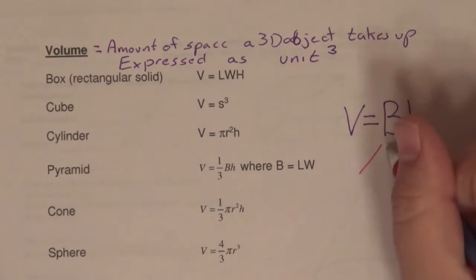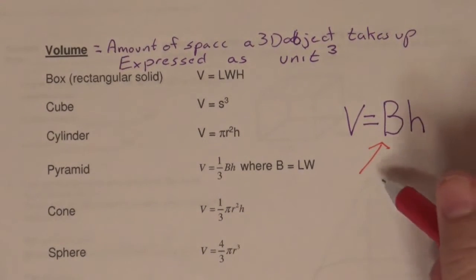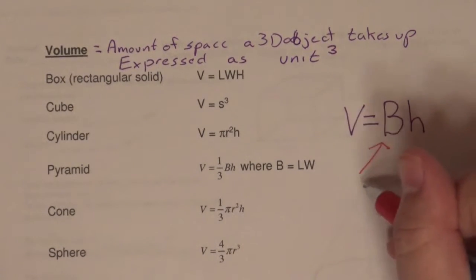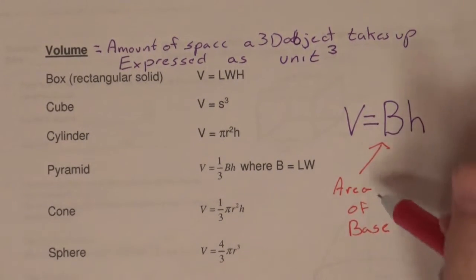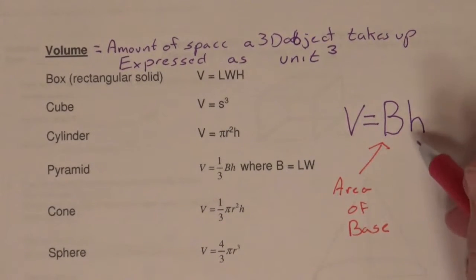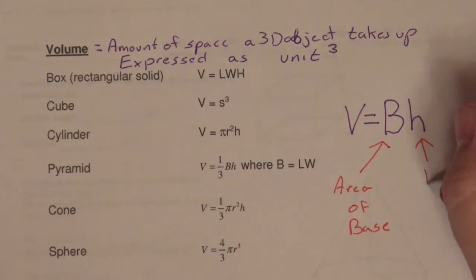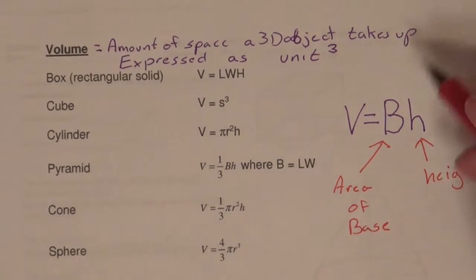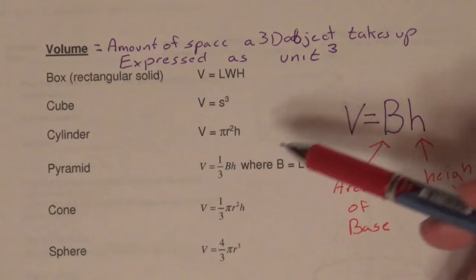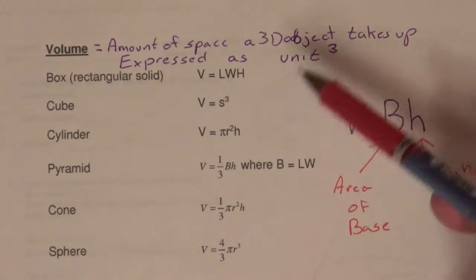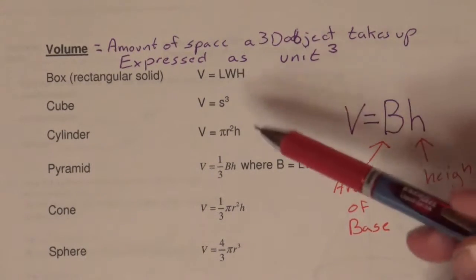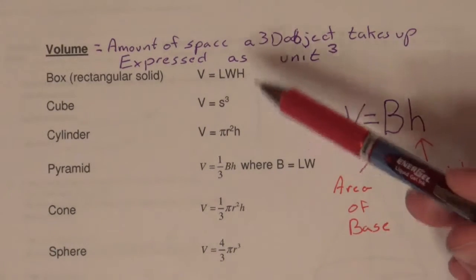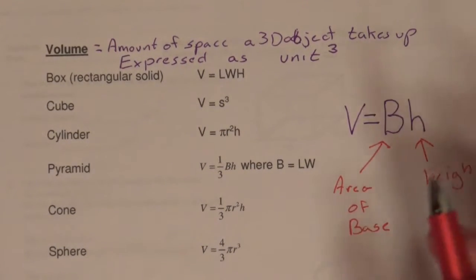Big B in this case means area of base. I'll explain that in just a second. Well, h we already know, that's our height. From this one equation, all of these essentially stem from it. We could do all the math to prove that these are the same thing, but I'm not going to, and you don't want me to.